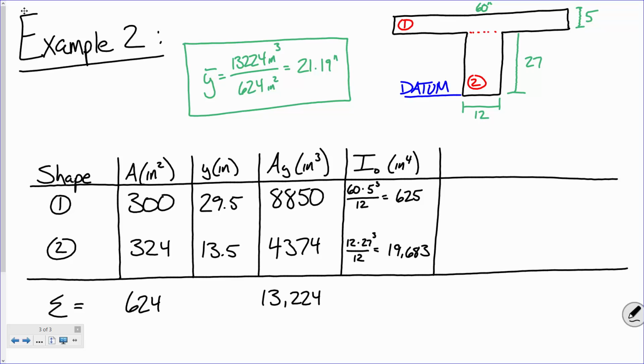Everybody good? Now, we're going to need some d distances. And lastly, we're going to have to apply the parallel axis theorem.